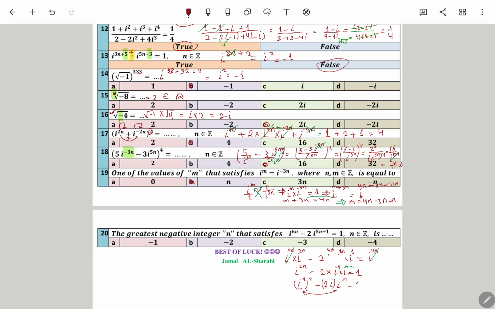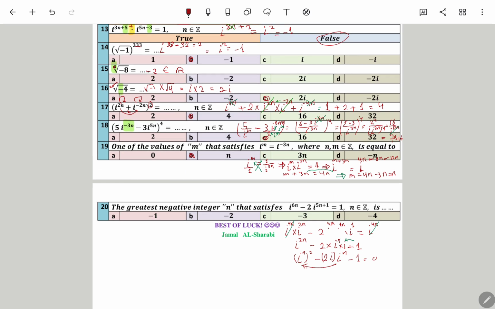Then moving 1 to the other side to be minus 1 equals 0. Let me factorize this. That will give you 2 brackets equal to 0. Here, i to the power of n can be written twice, and negative 1 can be written as i times i, because i times i is negative 1. So, according to the signs, they both are going to be negative.